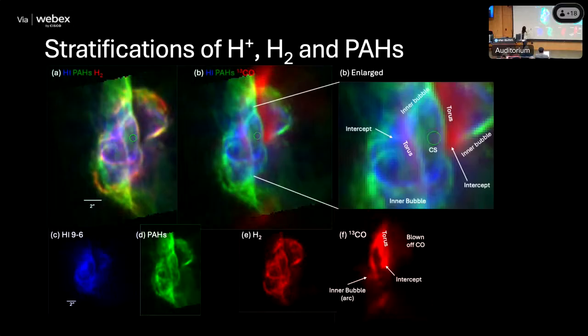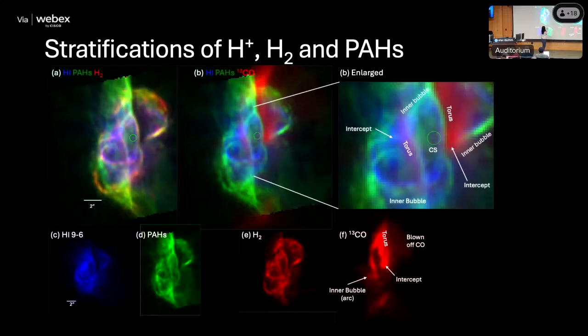In the first image, hydrogen is blue, PAH is green, and molecular hydrogen is red. At the edge of the bubble it looks pinkish because atomic hydrogen and molecular hydrogen overlay. And PAH is slightly offset towards our side.